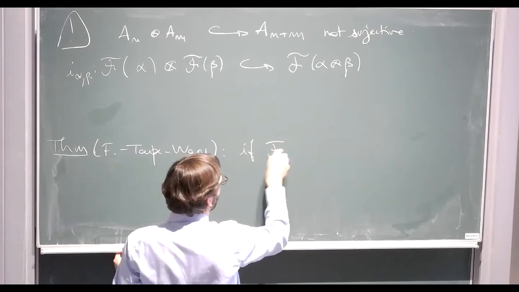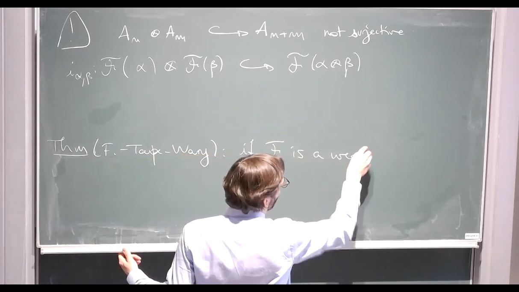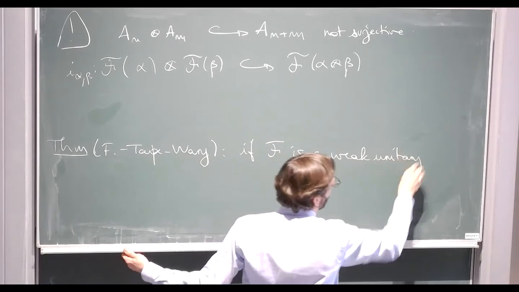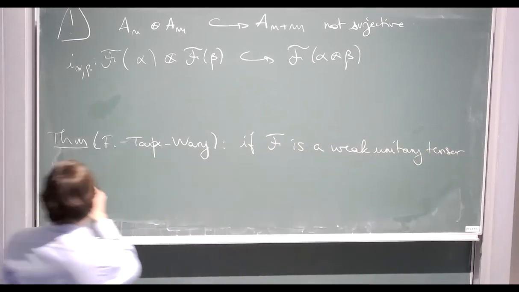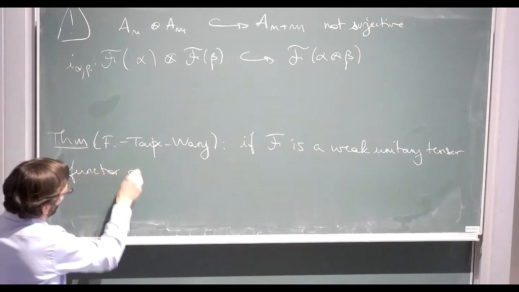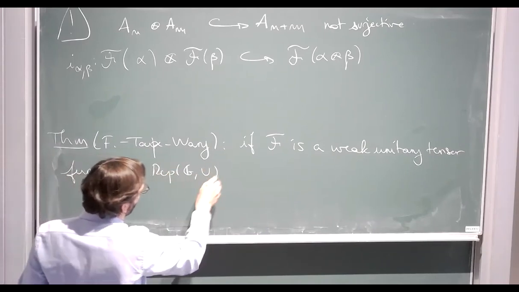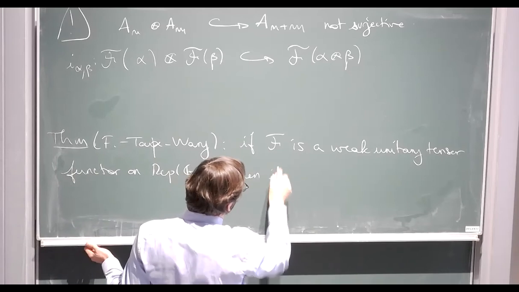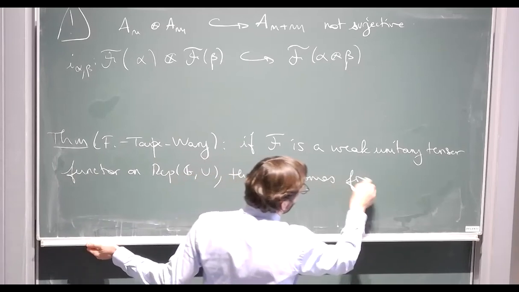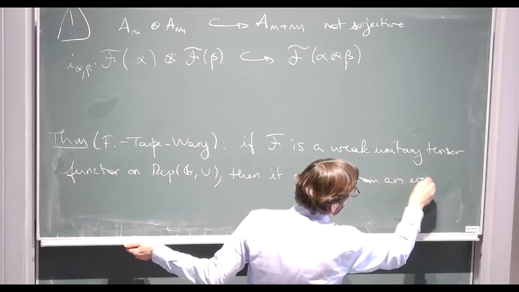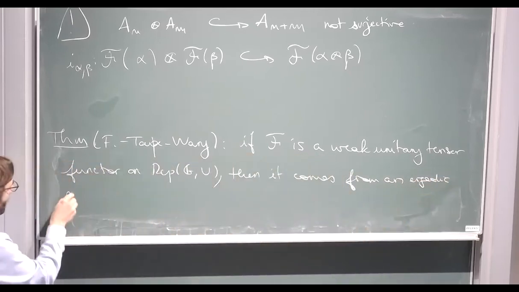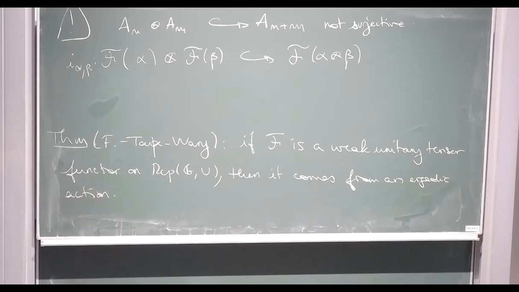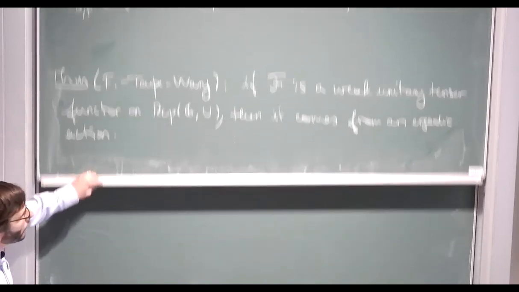So if F is a weak unitary tensor functor on Rep G_U, then it comes from an ergodic action. Right, so you can build an ergodic action such that the corresponding weak unitary tensor functor is isomorphic to F. So now we have a description of ergodic actions in categorical terms.